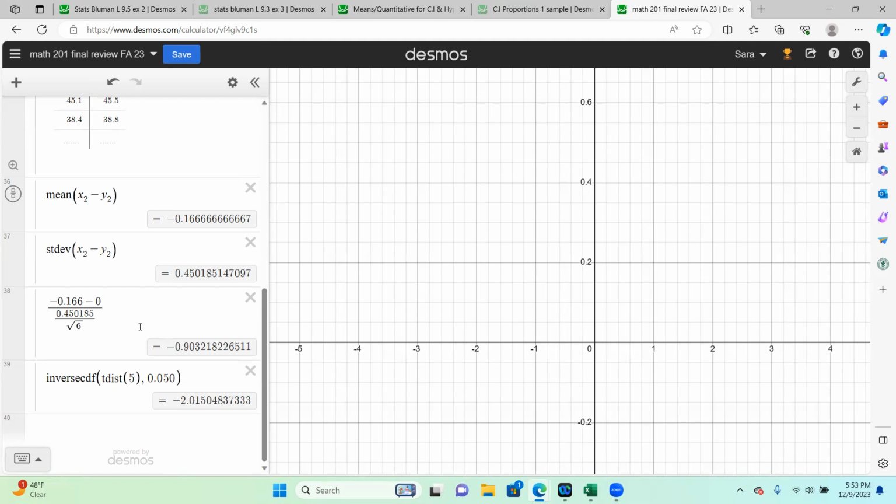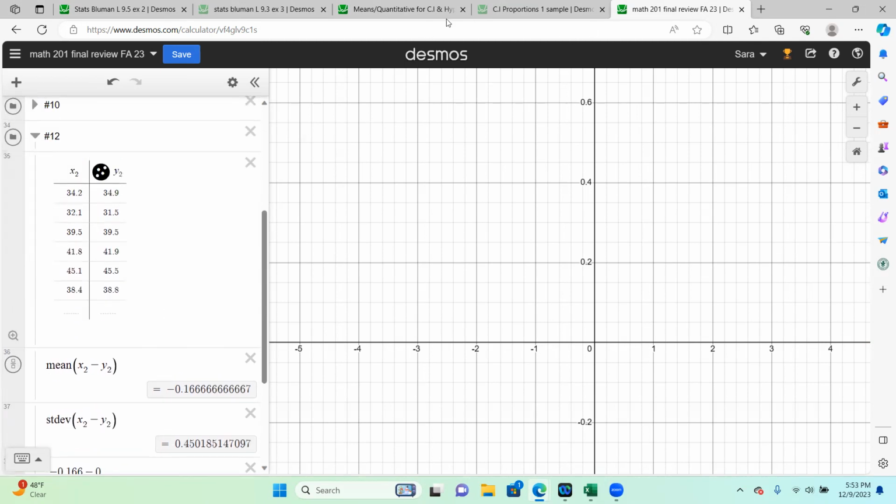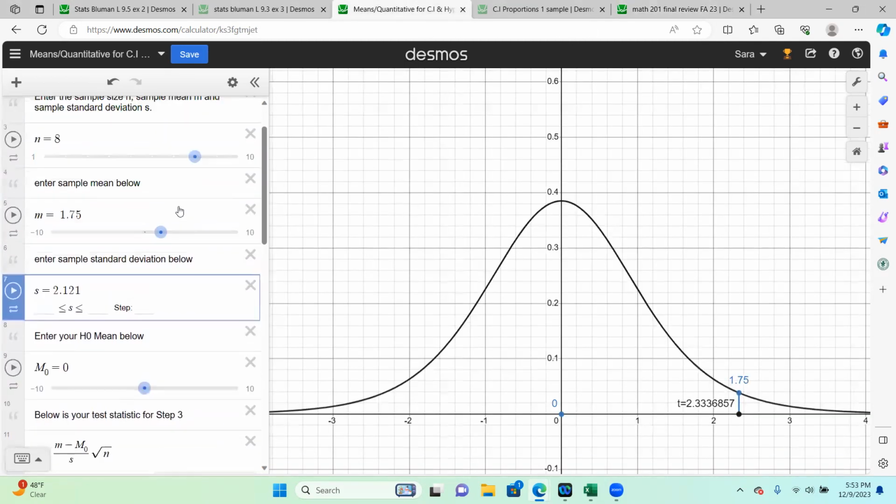And I calculated our test statistic to be a negative 0.9032. And our critical T, if we wanted it, is equal to negative 2.015. So our test statistic is not further than our critical T. So we should not be rejecting H0, but we're going to go check it out in our means here.